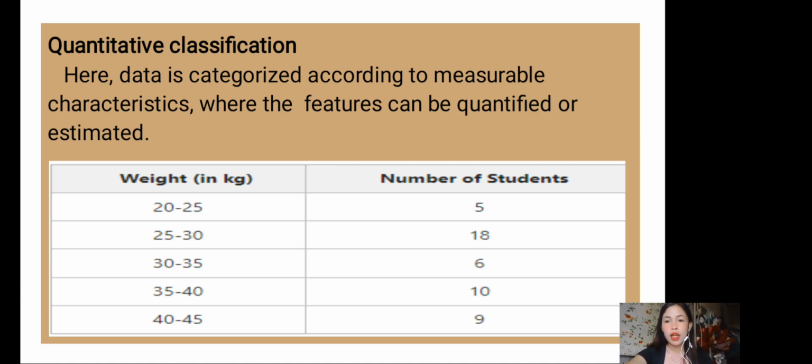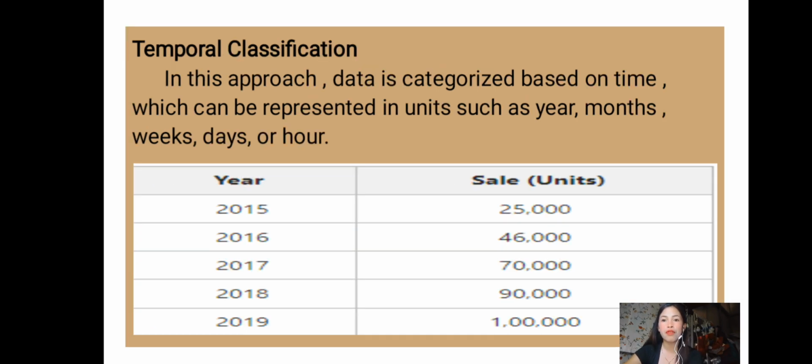As you can see in the column, in a classroom you can see that they measure the age, weight, and kilogram of every student. So that's all. And next classification is temporal classification.